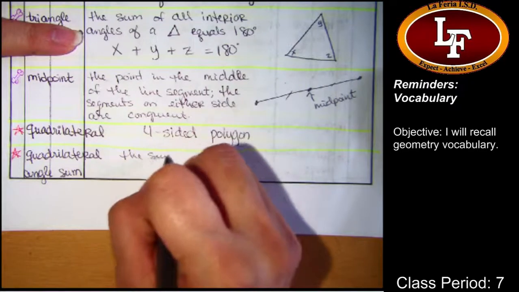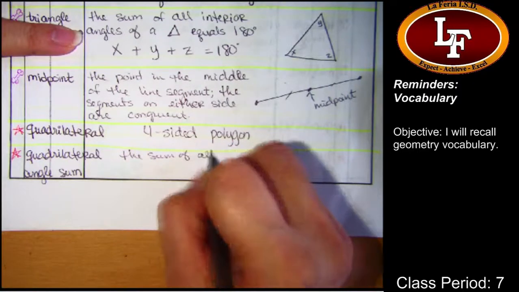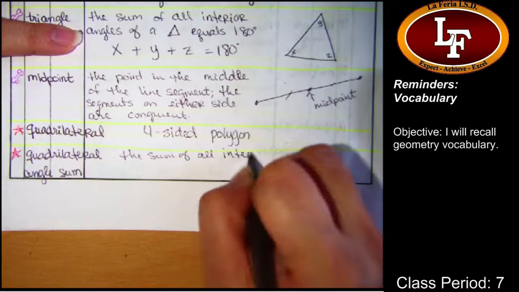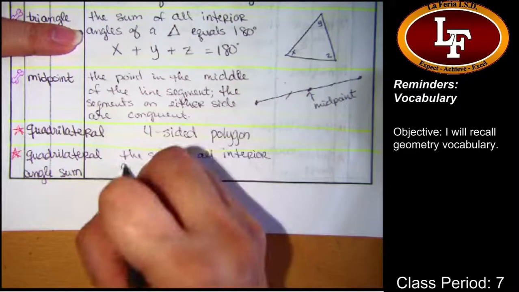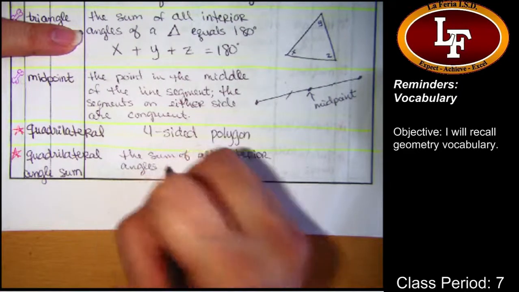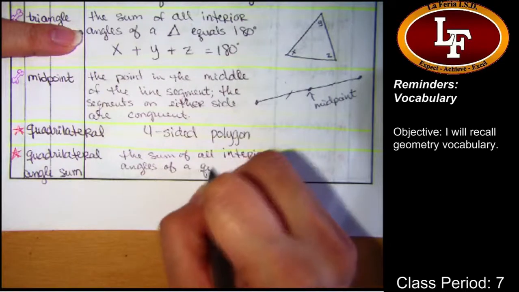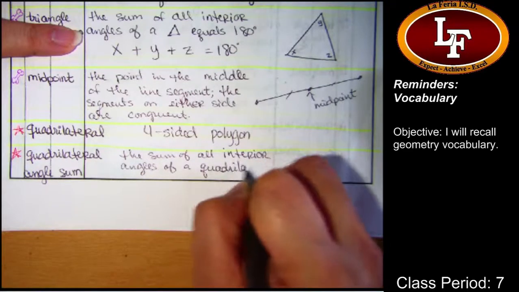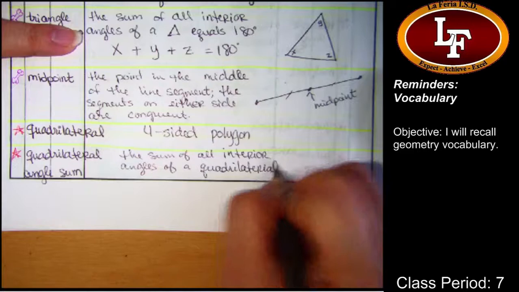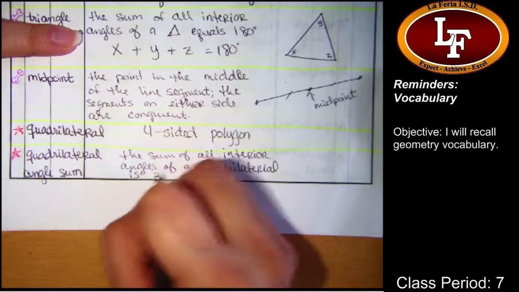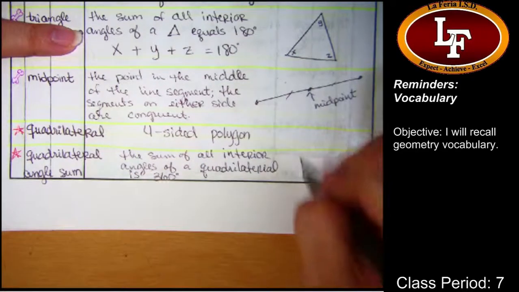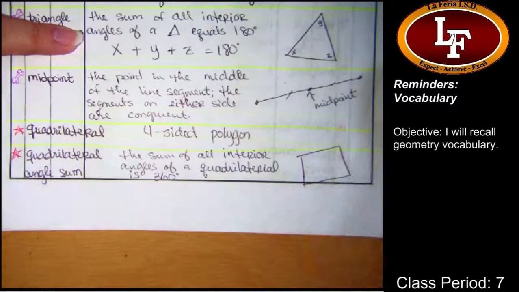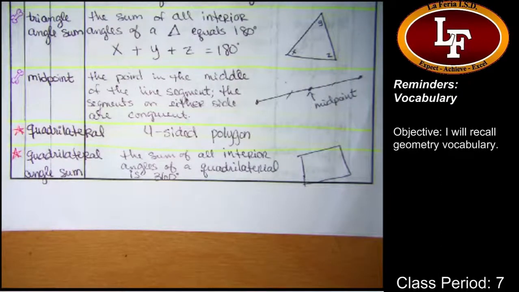The sum of all interior angles of a quadrilateral is 360 degrees. I'd like to take a moment and show you why, if that's okay. So I've got this quadrilateral sitting there. 90, 90, 90.